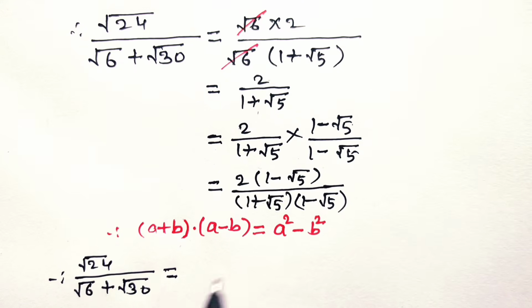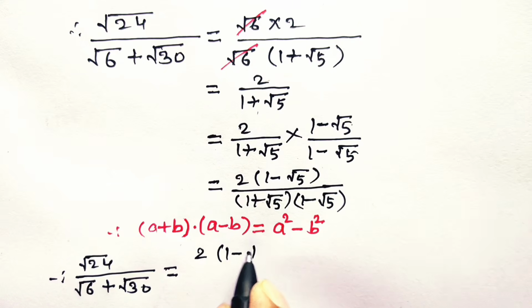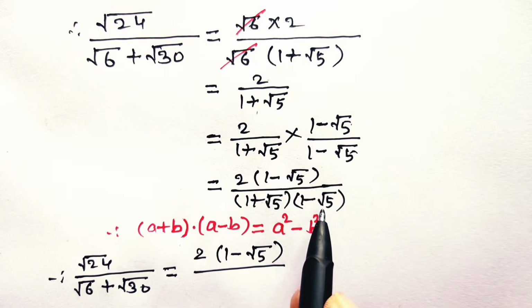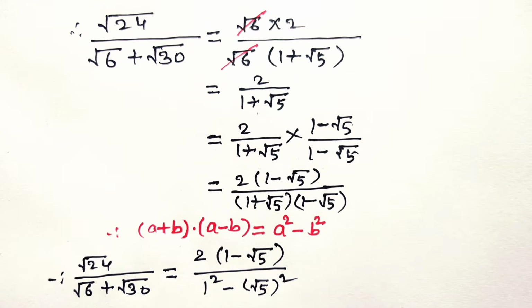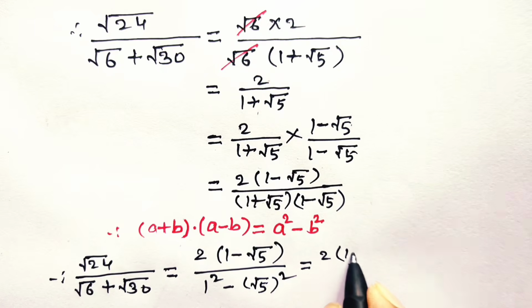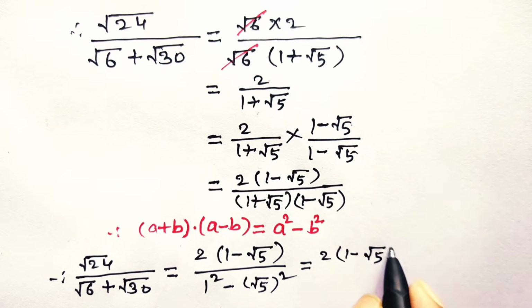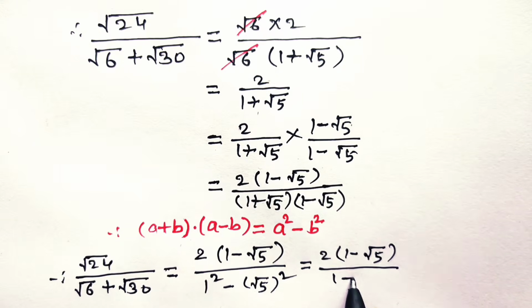Hence LHS is equal to 2 into 1 minus root 5 divided by 1 square minus root 5 its square, and this is equal to 2 into 1 minus root 5 divided by 1 square is 1 minus root 5 square is 5.